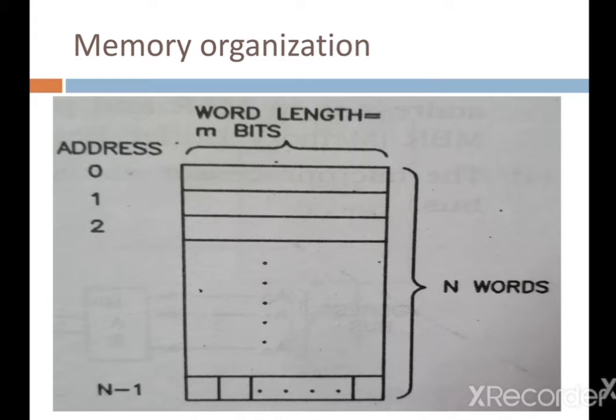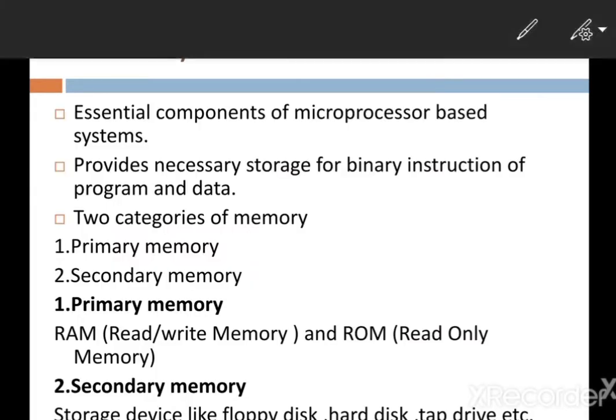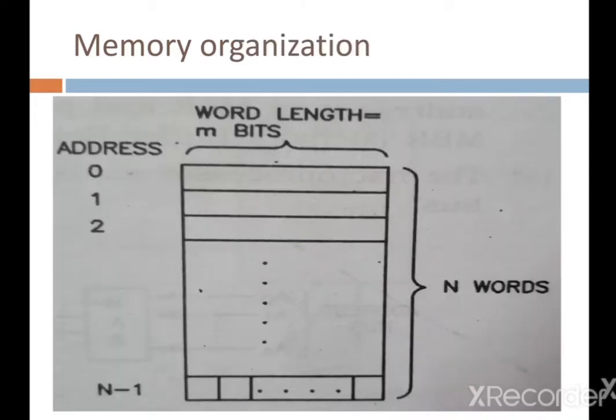Then this is the common memory organization. In this memory organization, N is the number of words and M is the number of bits. That means the length of each word is M bits, and each word is identified by a unique name. This is called an address or memory location.